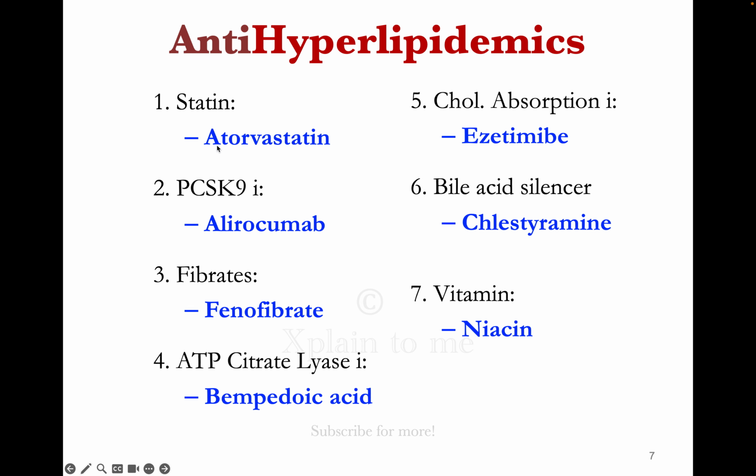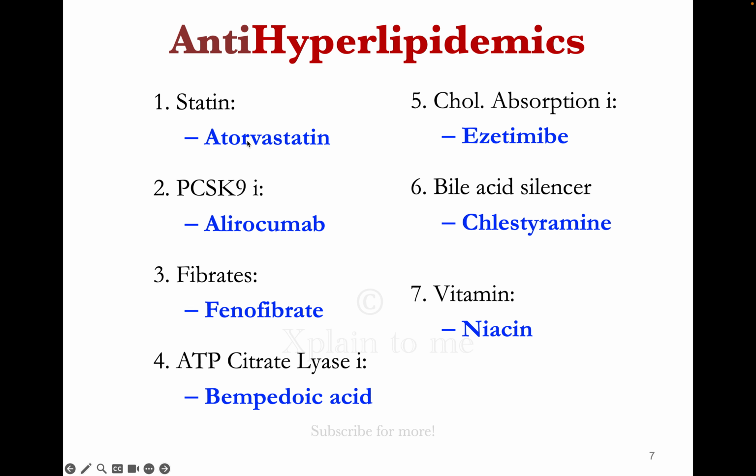But compared to atorvastatin, rosuvastatin has less myalgia or muscle-related adverse effect. Of course, they can develop because it will get into the muscle, but compared to atorvastatin, that will be less because that is a hydrophilic drug.